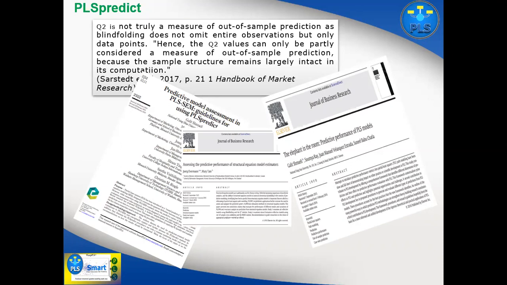PLS predict splits the data into different samples, so they use one data set to predict another. That is out of sample prediction in a nutshell.